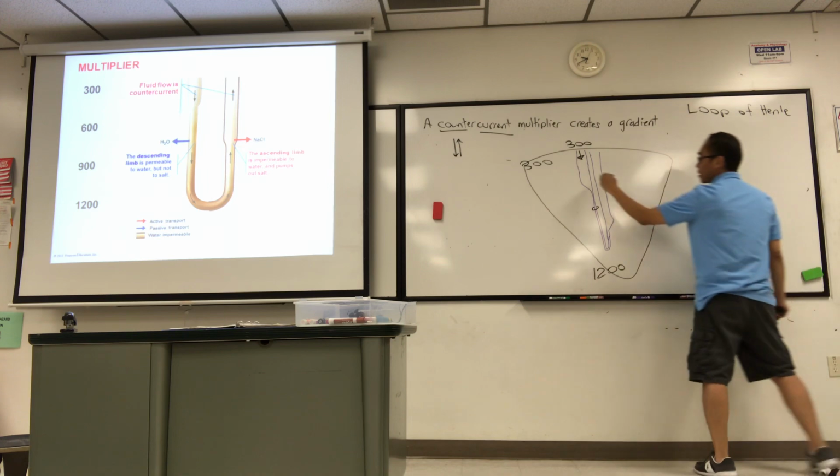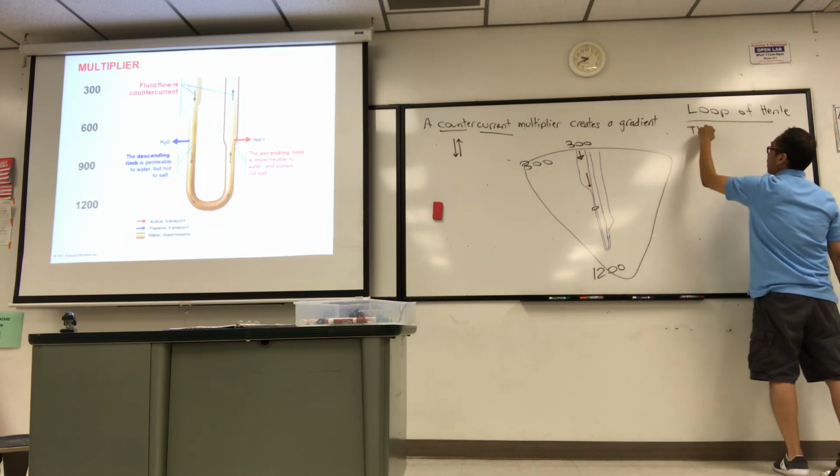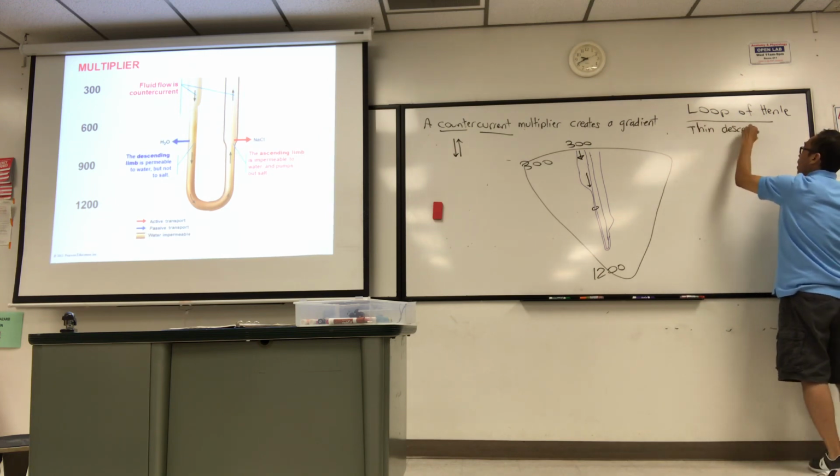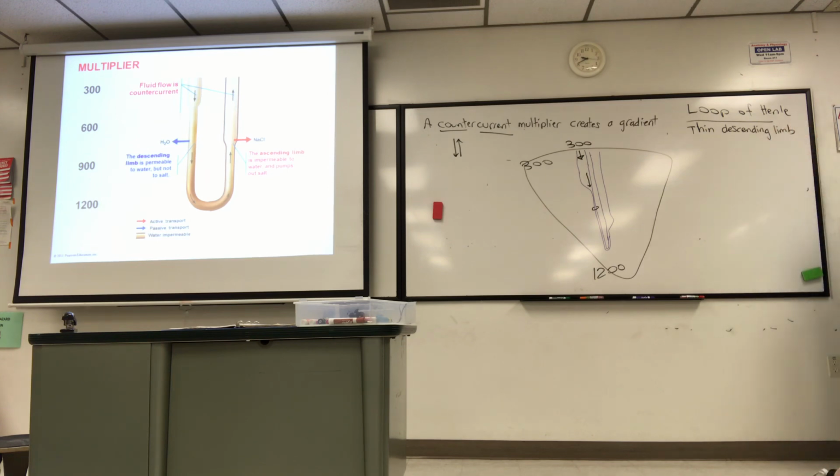But when you get to the thin descending limb, it's water permeable.